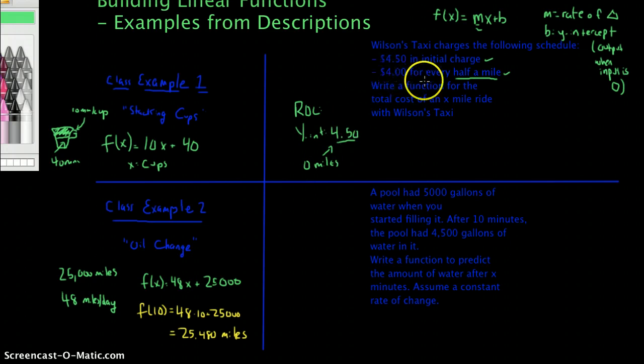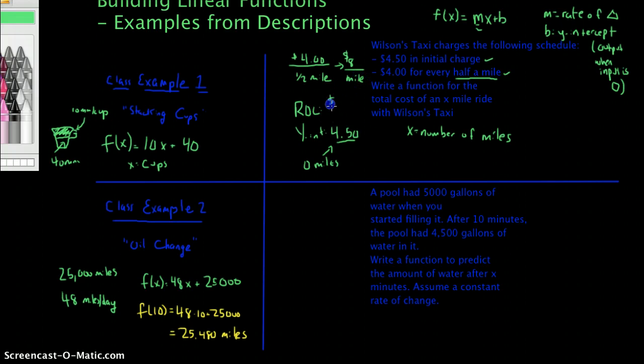Now the rate of change. I could do $4 for every half a mile, but I'm going to have x represent the number of miles. So my rate of change has to be in dollars cost per mile. If it's $4 for half a mile, I'll just double that and I'll get $8 per mile.